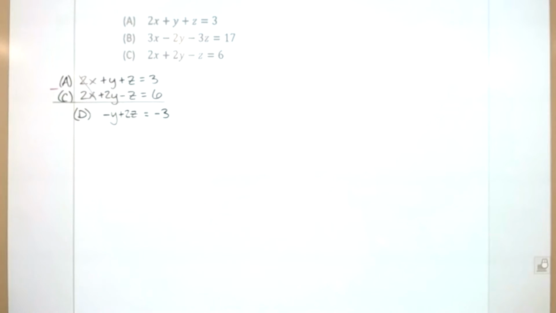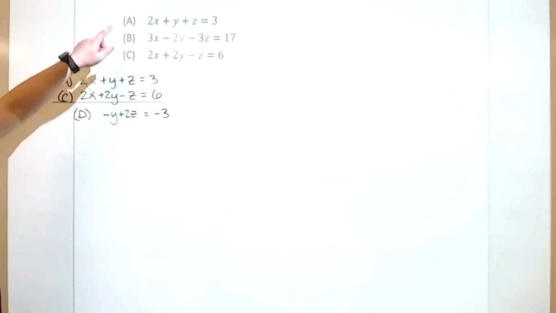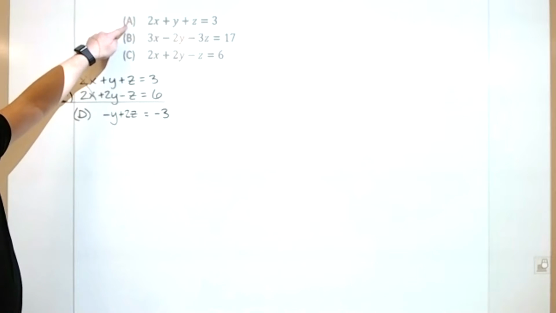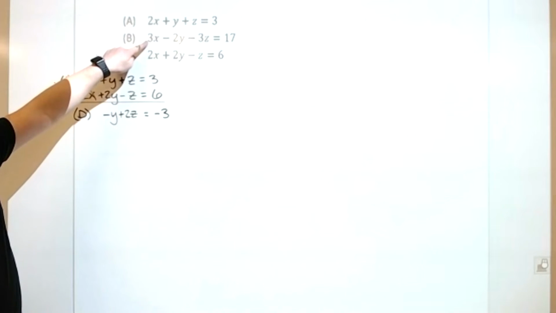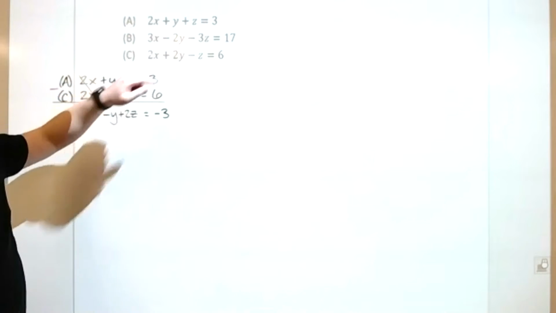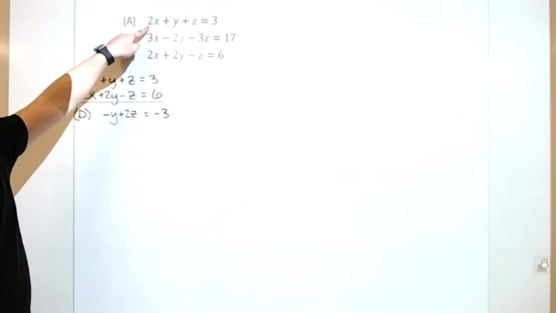So I've got to do that clever multiplication in order to manipulate the equations in a way where the coefficients on the x's are going to match up. The simplest way to do that is to multiply equation A by the coefficient in front of x in equation B, and multiply equation B by the coefficient on x in equation A.